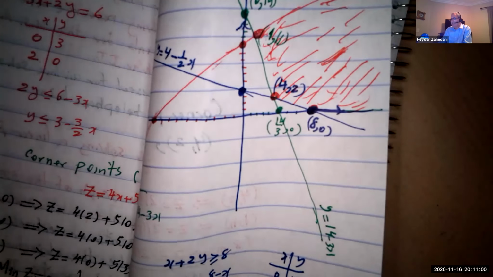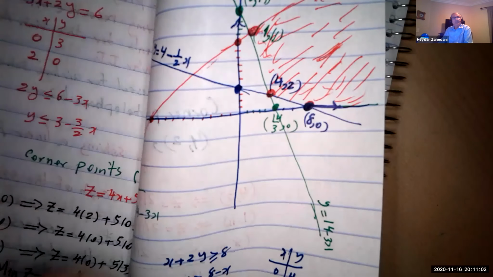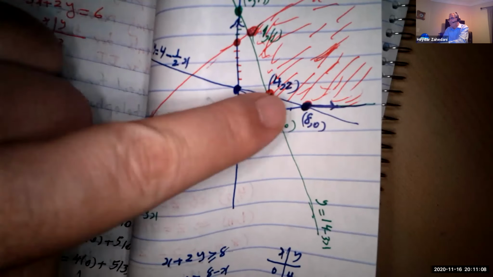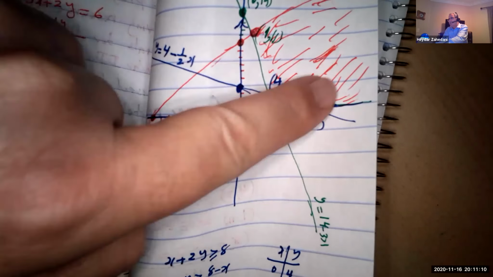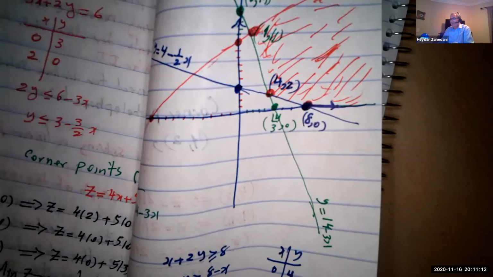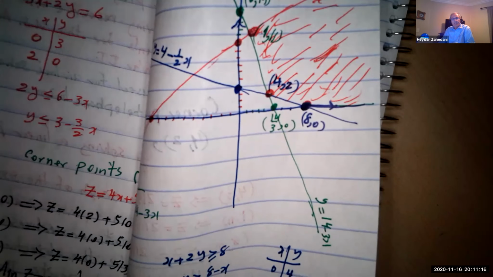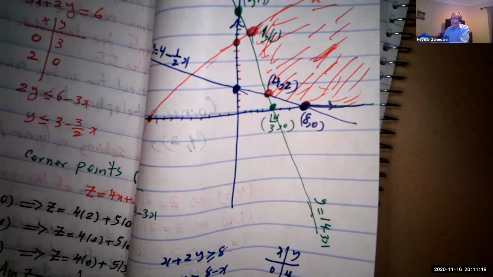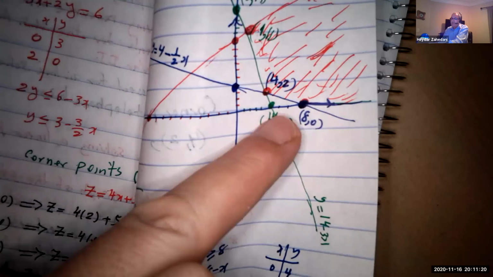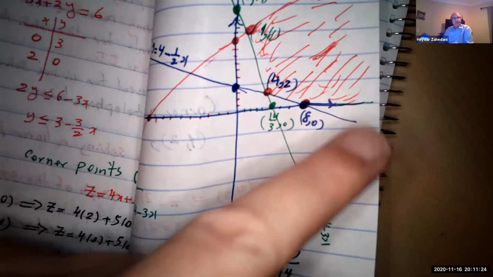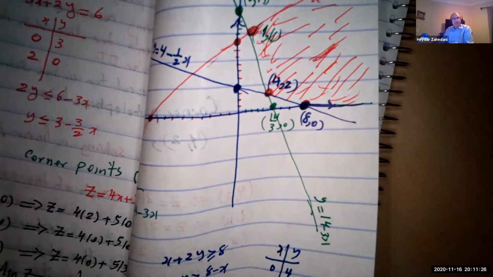Since the region is unbounded, you can go along the x-axis, and if you go past 8, all of them are going to be corner points, if you like, at x and 0.